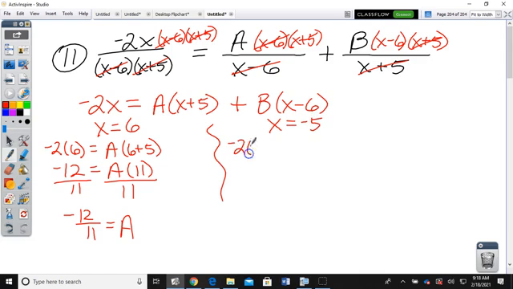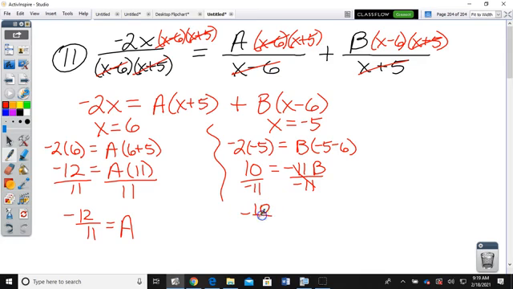So negative 2 times negative 5 equals B times negative 5 minus 6. So we get 10 equals negative 11B. So negative 10 elevenths is B, and negative 12 elevenths is A.